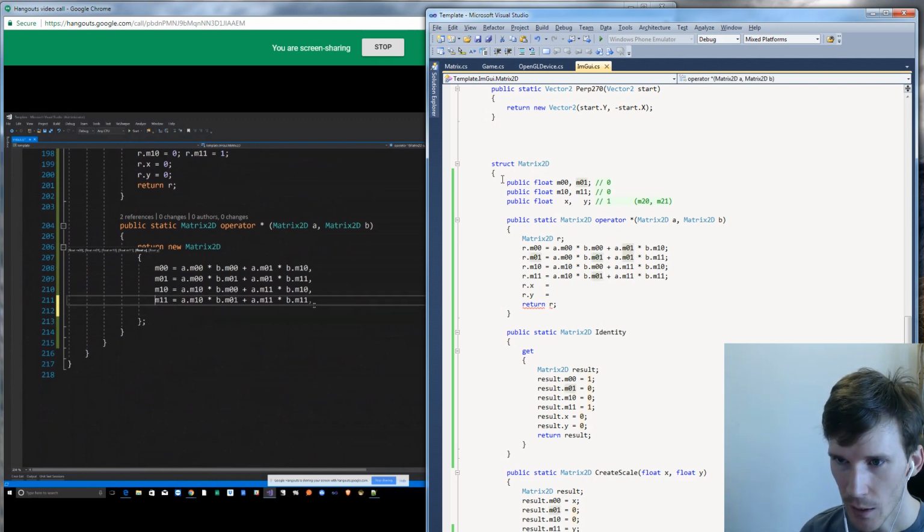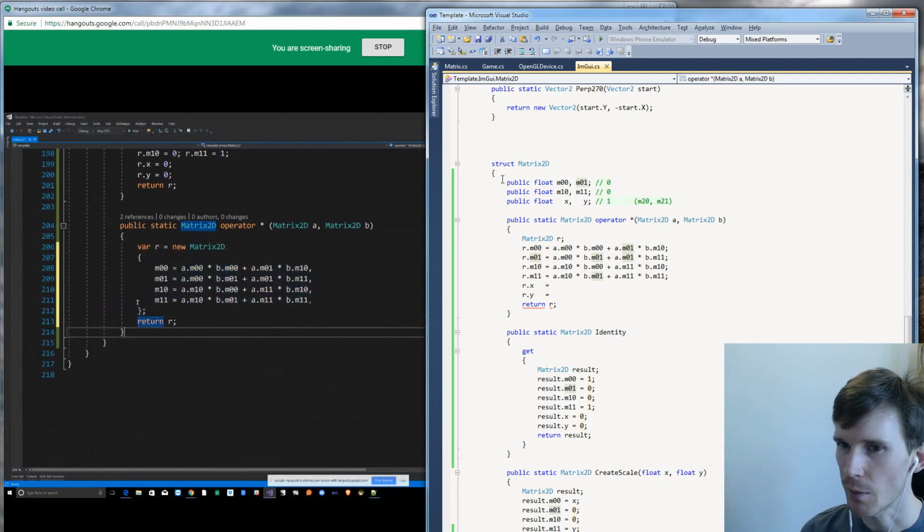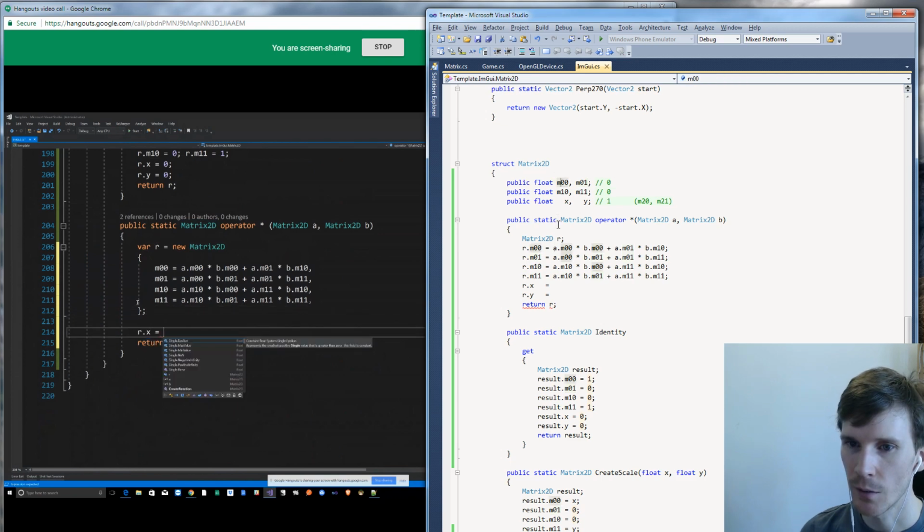Right, so I'm trying to think about how this works. Across and down. So for this one, we go across, and then we go across, and then we go down. So it's 0 times x. So that's fine. We've got that.